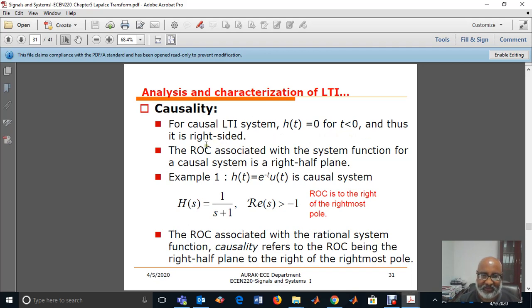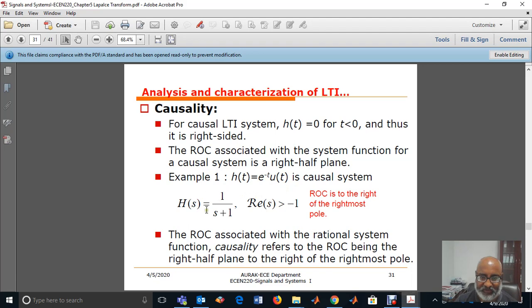And of course, it is right-sided because of the presence of u(t). The region of convergence associated with the system function for a causal system is a right half plane.